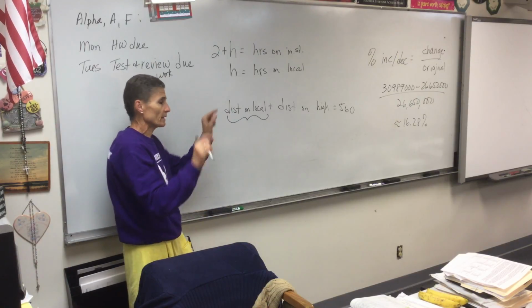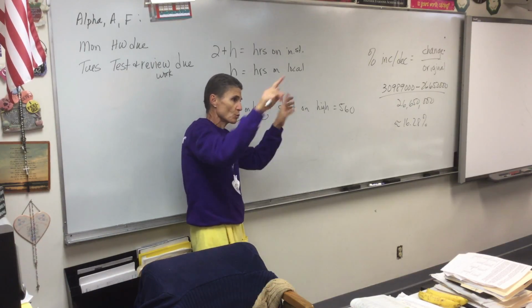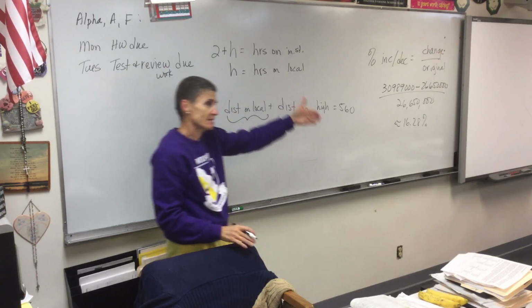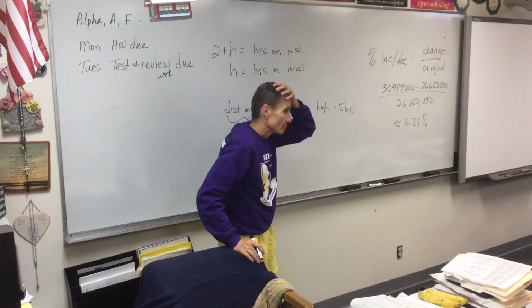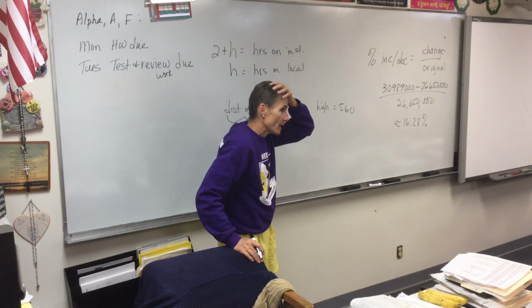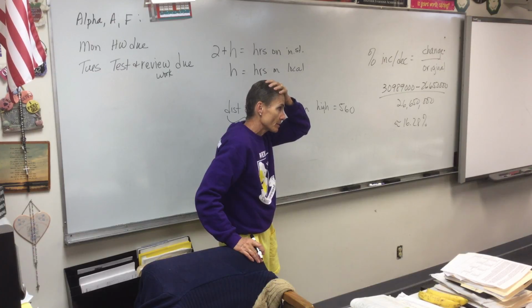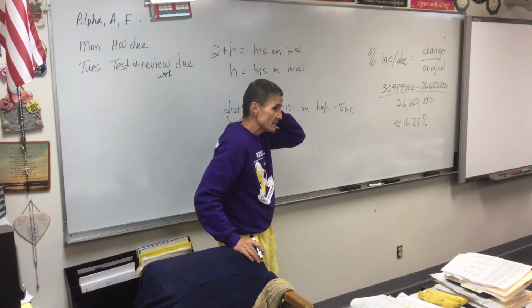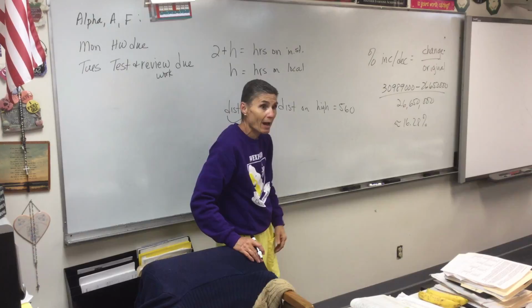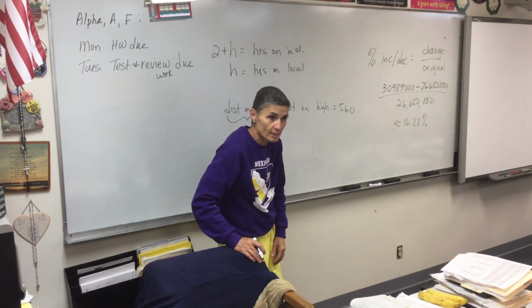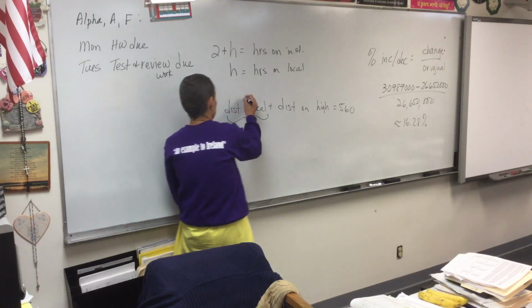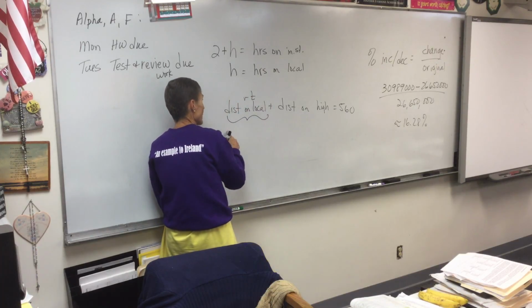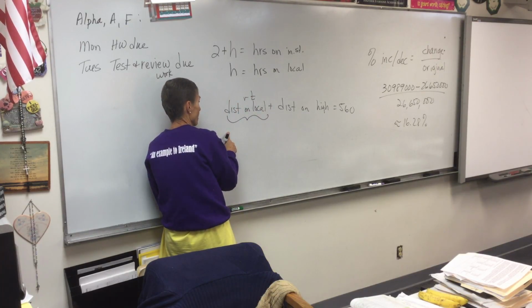Not the distance formula, not the distance between 2 points, the square root thing, not that. How do you find distance going down the highway? Rate times time, right? You're going 18 miles an hour for 2 hours, you would have gone 36 miles.